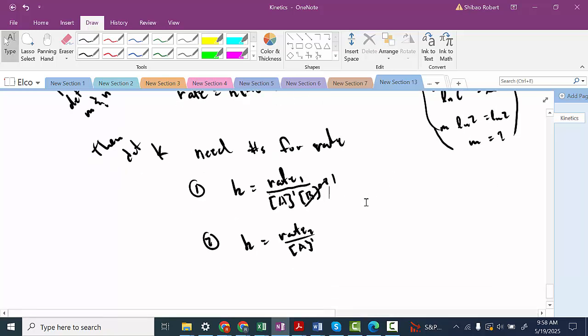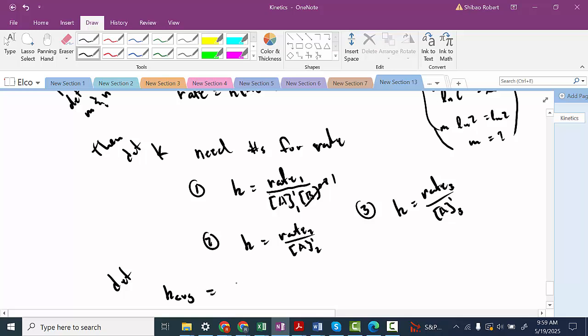And then the third trial here, we'll get another K, which is going to be rate from 3 over A, this is 1, this is 2, this is 3, to the first power here. And then we're going to determine K average. Since all three should match, and hopefully they do, but sometimes there's going to be fluctuations, of course, in the experimental data, so we should average it.